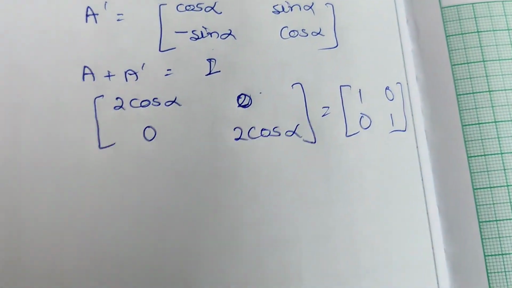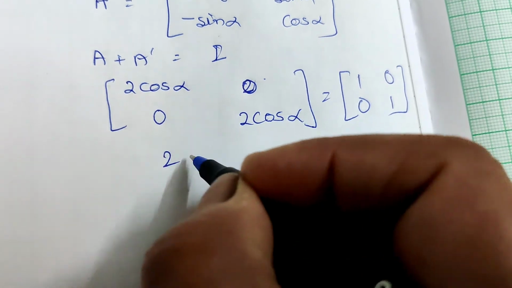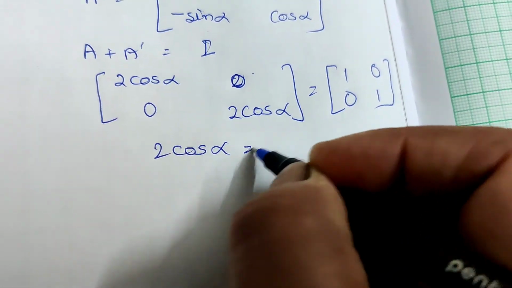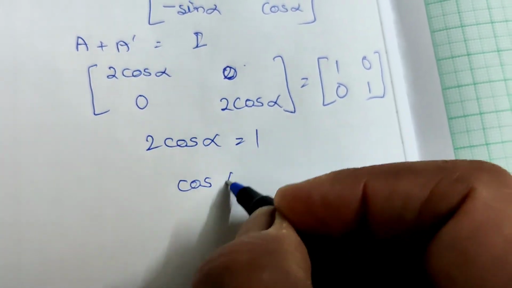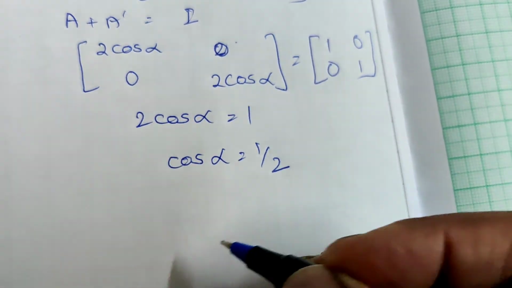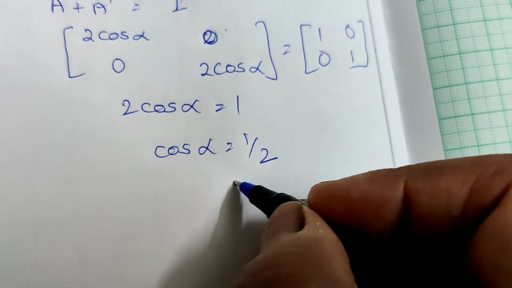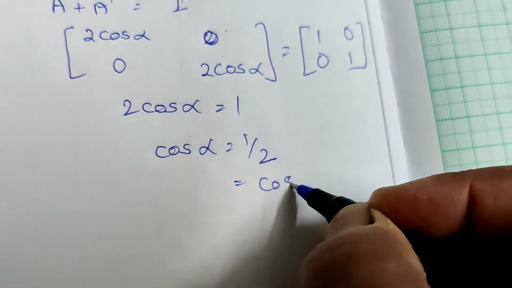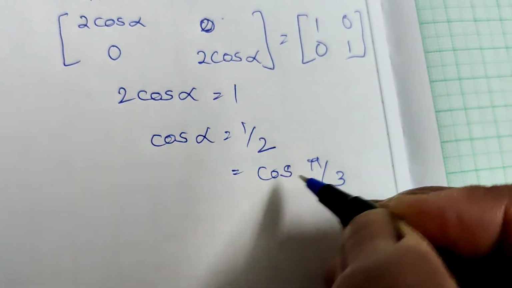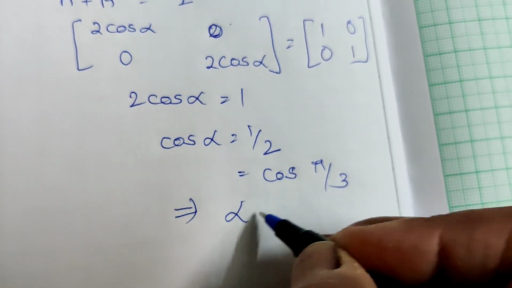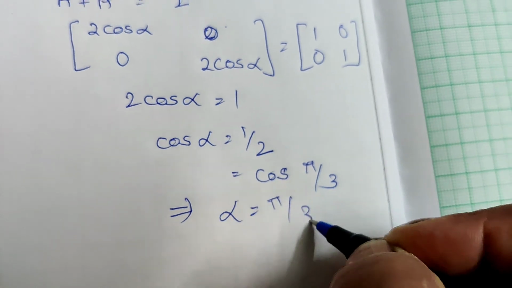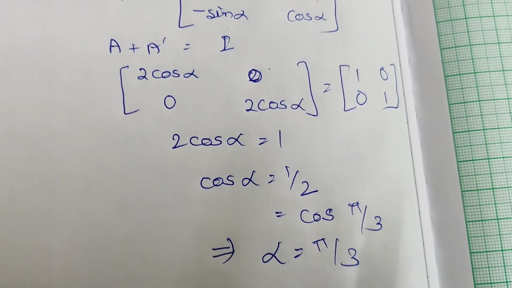Now compare these: 2 cos alpha equal to 1. It means cos alpha equal to 1 by 2, and 1 by 2 is the value of cos pi by 3. Therefore alpha equal to pi by 3. This is the right answer.